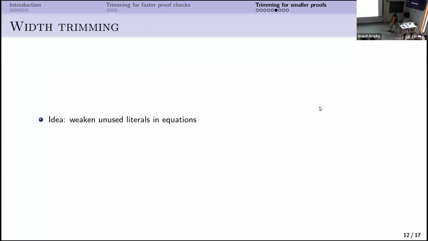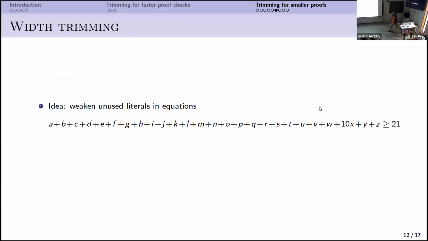And so one idea that emerged from that conflict analysis is, can we do something we call width trimming? Maybe we can change the name at some point. This is an example of a constraint we have in the subgraph solver. Sometimes we have lots of variables, and one of them has a big coefficient. In my conflict analysis, when A, B, C, D, and E were set to false, I propagated 10x, because otherwise the constraint would be falsified.